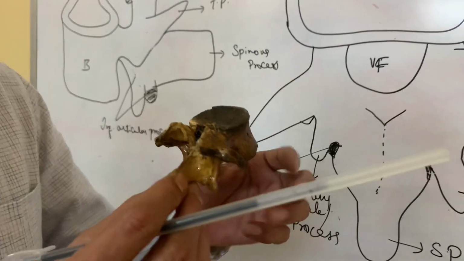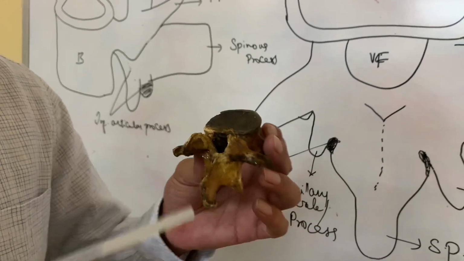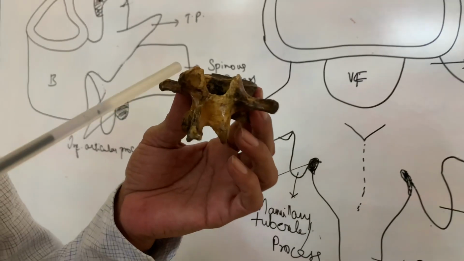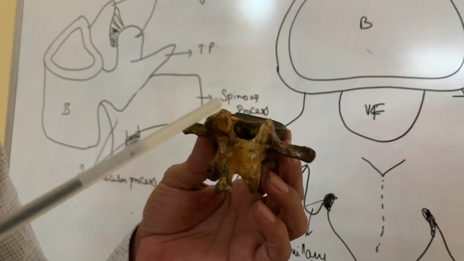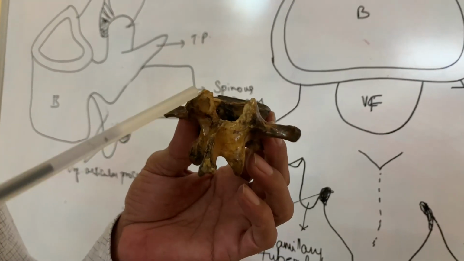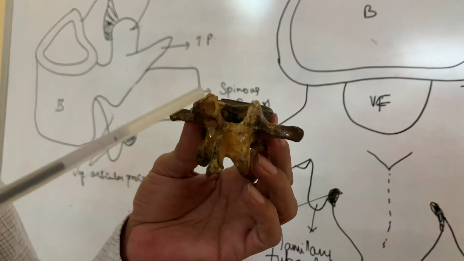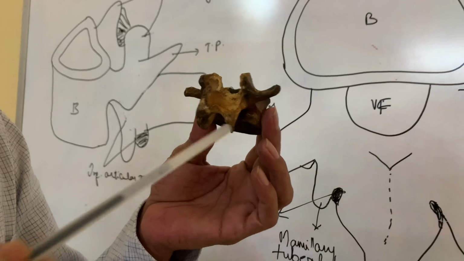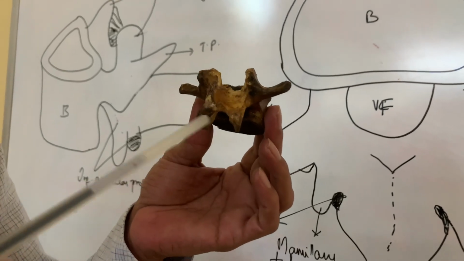So this is all about the typical lumbar vertebrae, which are L1, L2, L3, and L4. In the typical lumbar vertebra, the distance between the two superior articular facets is wider than the distance between the two inferior articular facets.